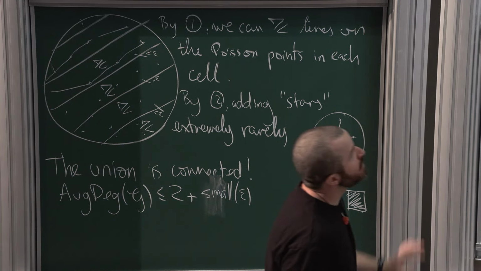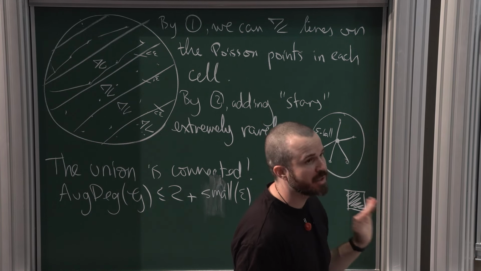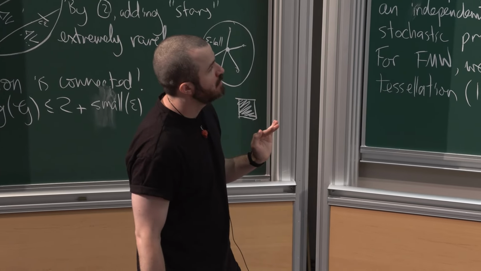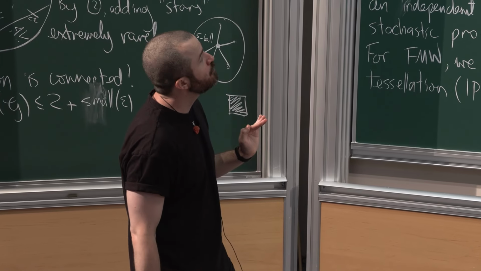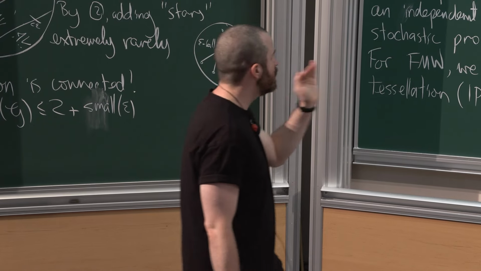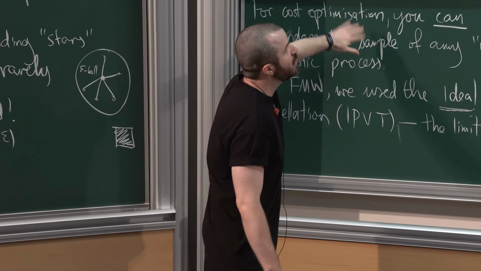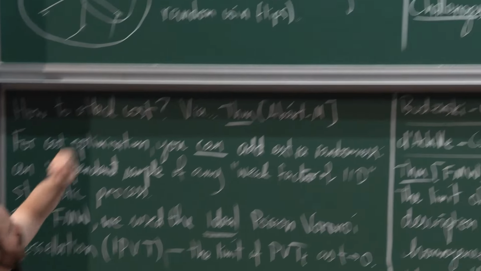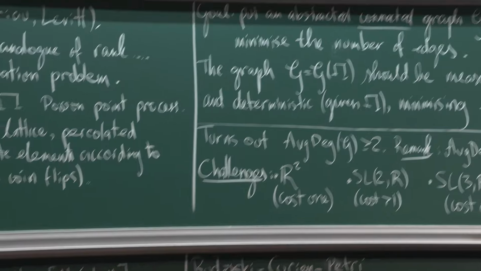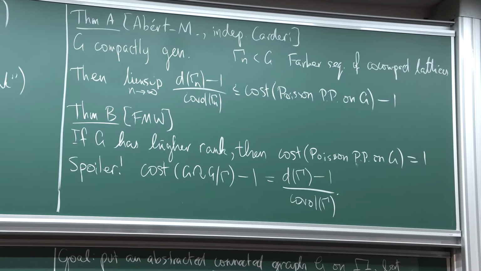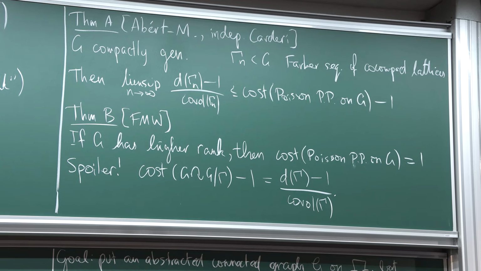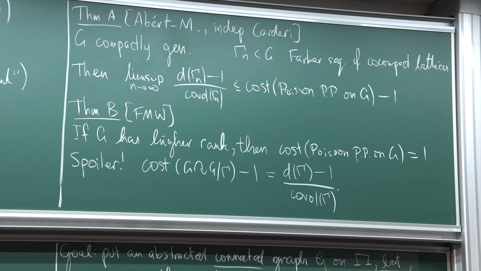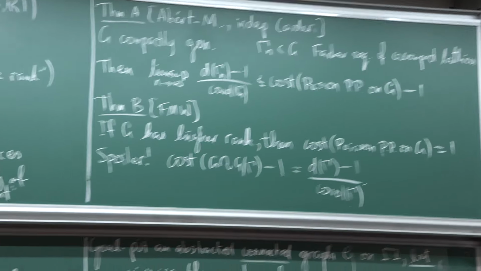But the connection between rank gradient and cost is actually remarkably clear. Maybe it's ineffective, but it's quite clear. And it's the same basic fact, connecting fixed price in general to the cost of this Poisson point process. Yeah, so there's one picture associated to this theorem A. There is this picture associated to proving fixed price.